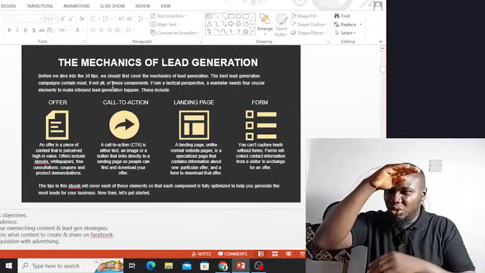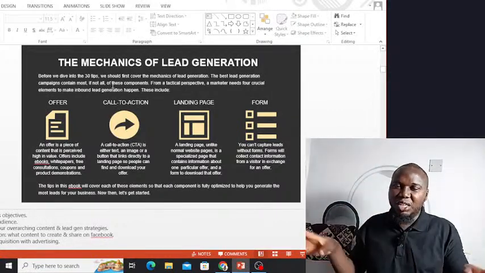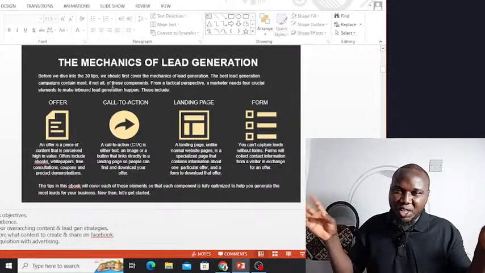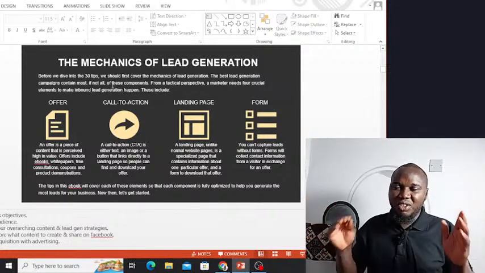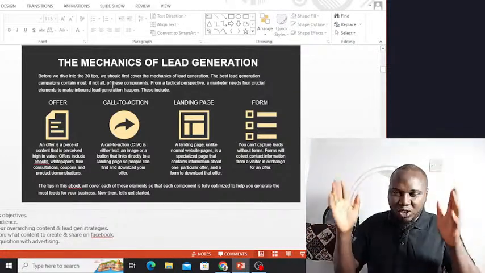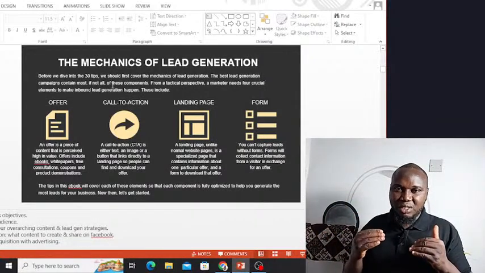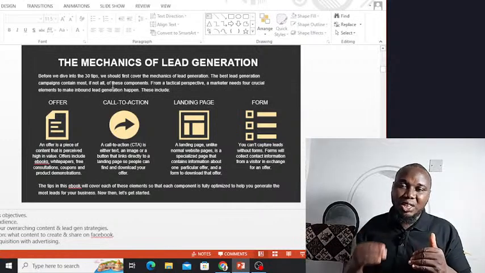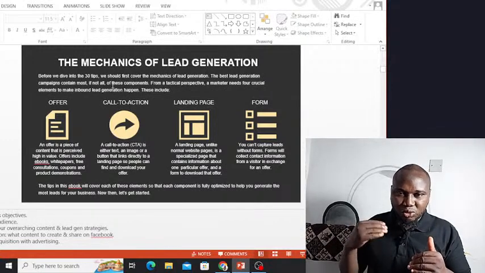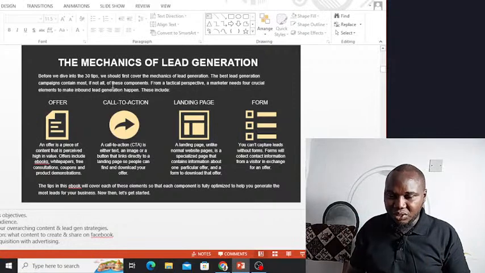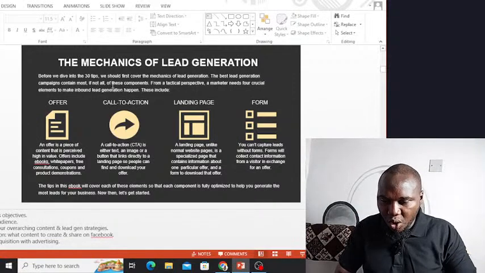The landing page is not going to have the header, it's not going to have the footer, it's not going to have any other menu link. It's just going to have the information, a true intro to the value, and an offer to opt in or enter or download just to get that offer. That's just the landing page, and that is all about it.